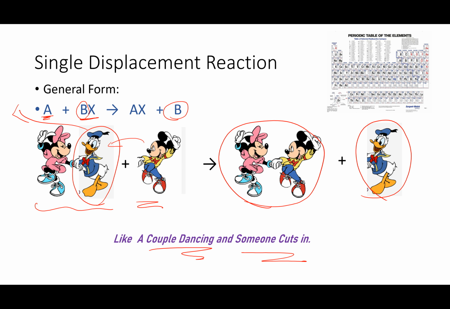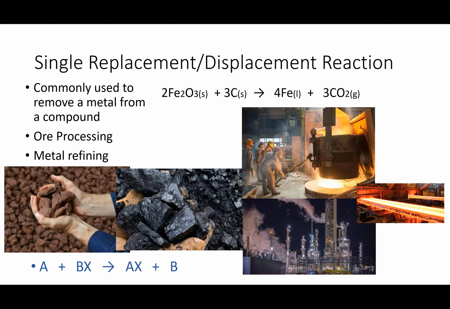The new compound is more chemically stable than the original compound. There was a greater chemical affinity for the incoming element. Mickey Mouse has a greater affinity for Minnie than Donald has for Minnie, if we're going to put it in mice parlance, I guess.